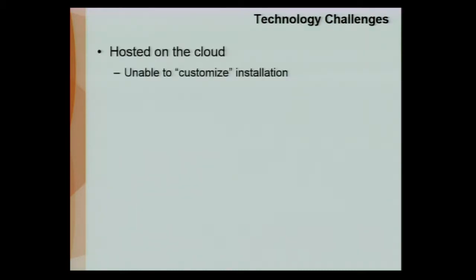So the first challenge was that because it's hosted on the cloud, there is no way to customize the installation. What this means is when you install Adobe Connect on premises on your server, you actually can change things in the configuration. You can put a simple SAML plugin.